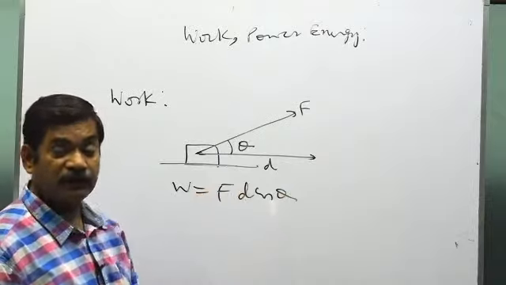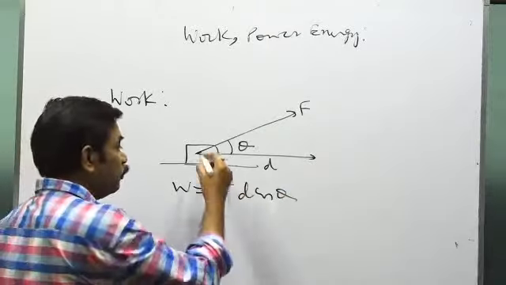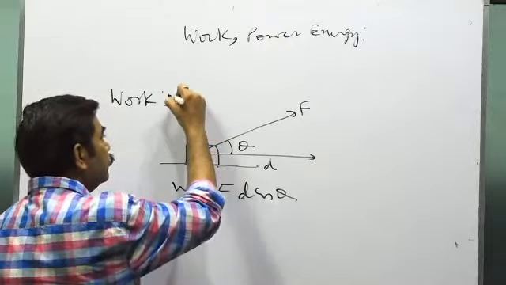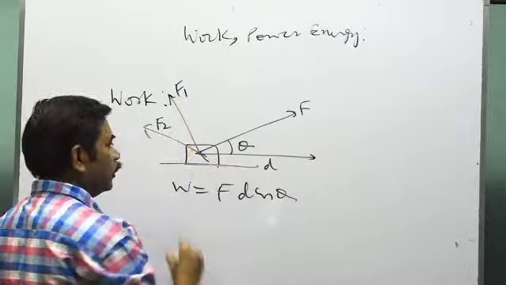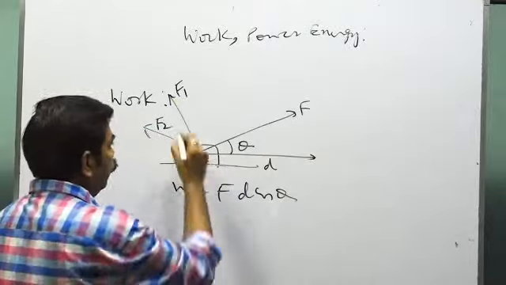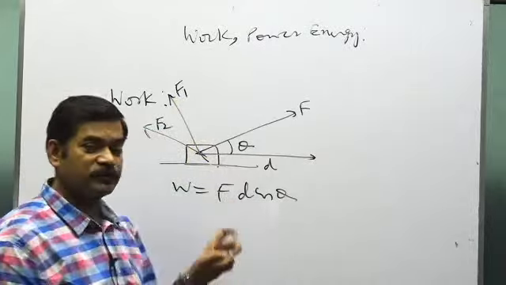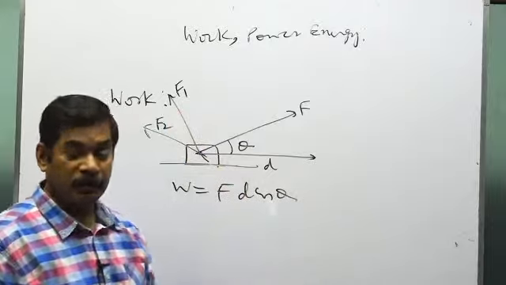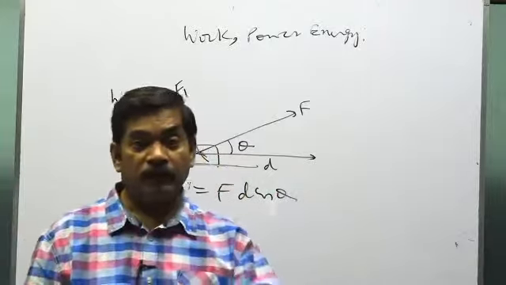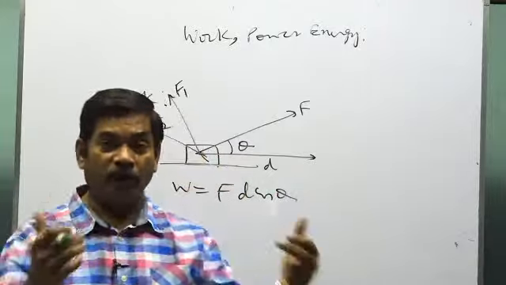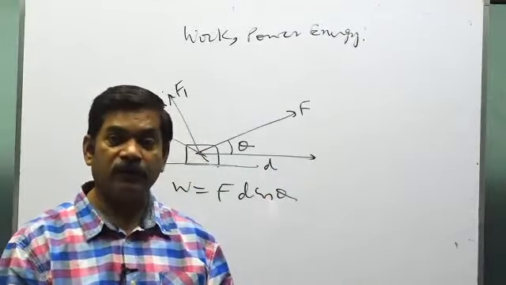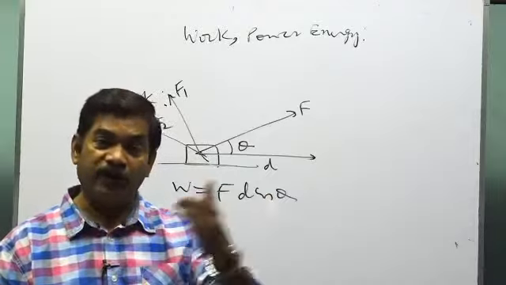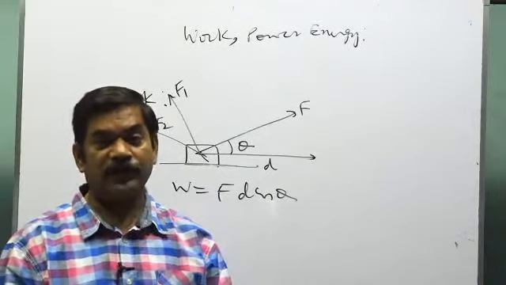As I said, there are other forces also. Suppose there is a force F1 and a force F2. Under the influence of all the forces, the body got displaced by D in a specific direction.